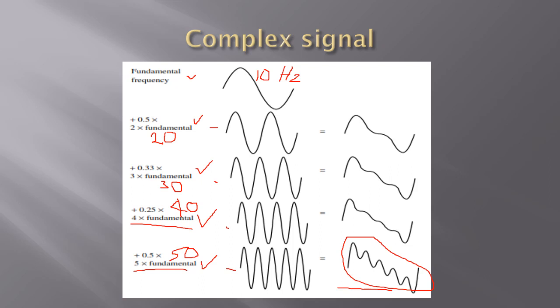So it means that we could see the signal as a complex signal that consists of frequency components. This enables us to have an approach in the frequency domain. That's why we could convert this into frequency components.